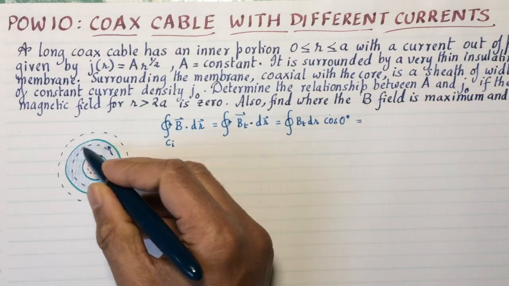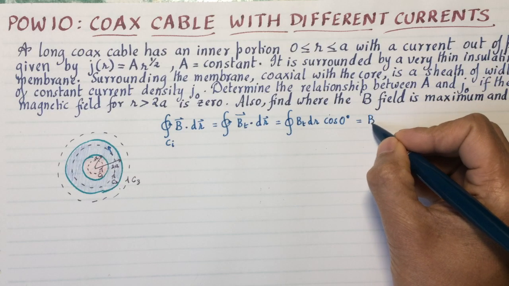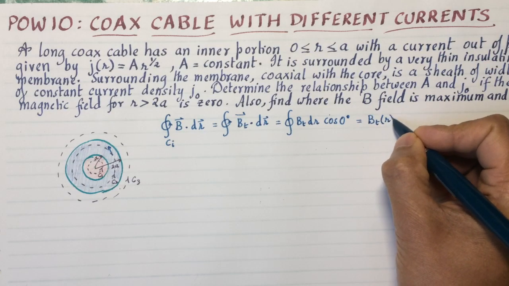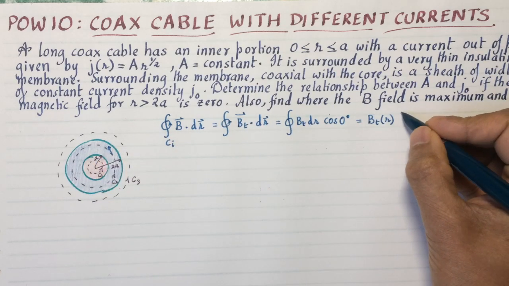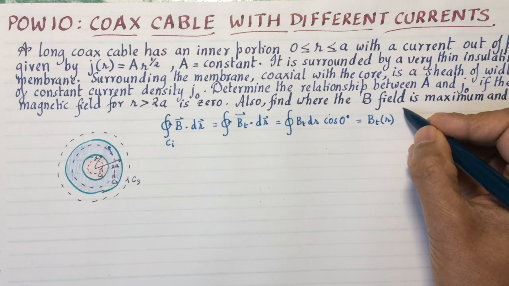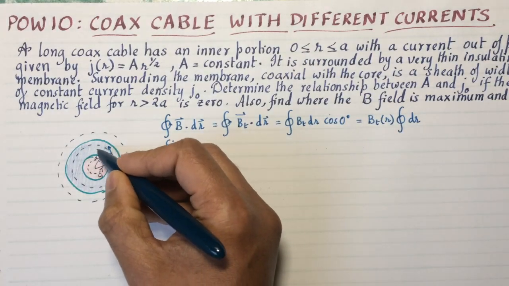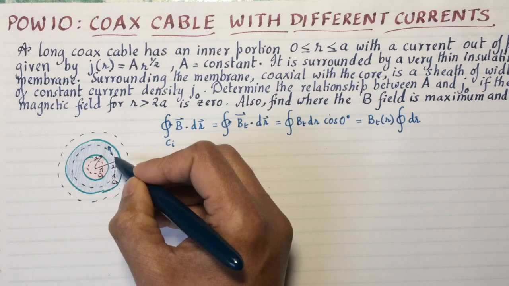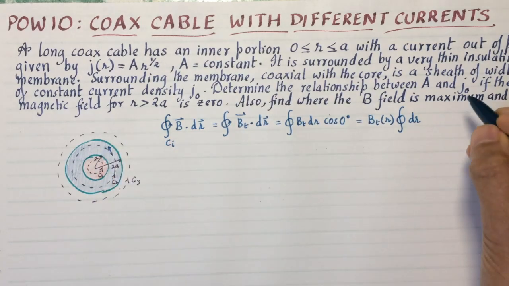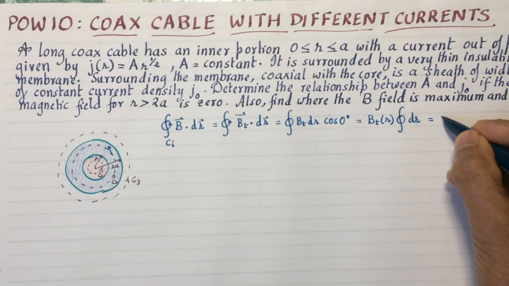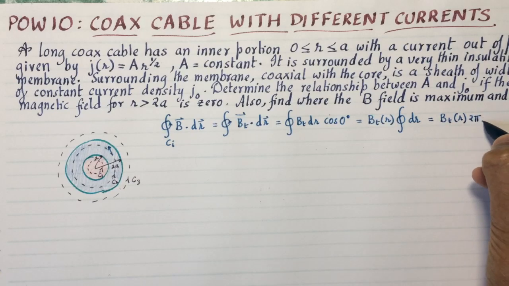Now, because of the symmetry of the situation, Bt cannot depend on anything but the radius, so I can take that out, because this integral is only dependent on the angular coordinate theta. And then when I perform this integral, I'm basically going around the circle, summing up all the magnitudes of the dr vectors. dr is tangent to the circle. So I'm just going to get 2 pi r. So that's the left-hand side of Ampere's law.